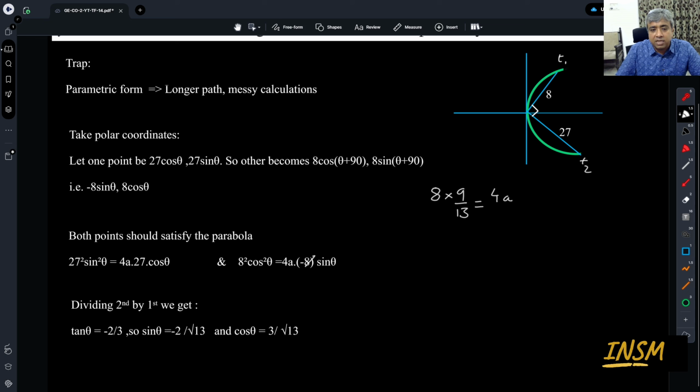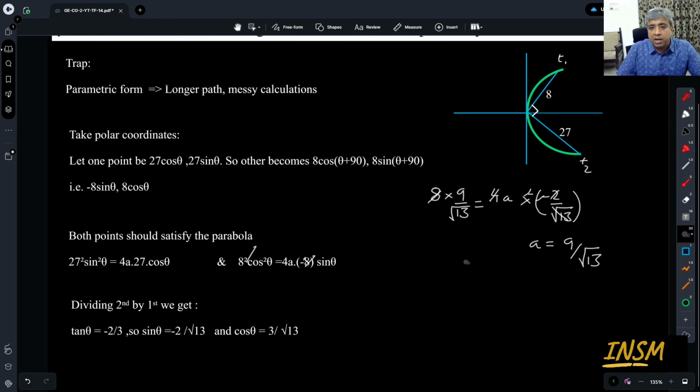This 8 gets cancelled out, so I wrote only one 8 here. And sin theta here is minus 2 by root 13, and another minus of this minus 8, so minus minus gets cancelled out. 4 twos is 8, and 8 gets cancelled out, and root 13 gets cancelled out, and you get root 13 here. So the value of a that you are getting is 9 by root 13. This will be your final answer.